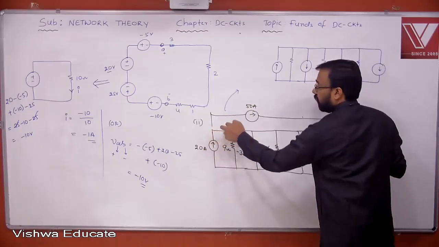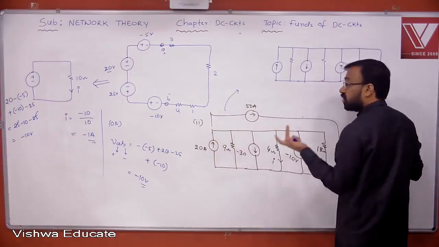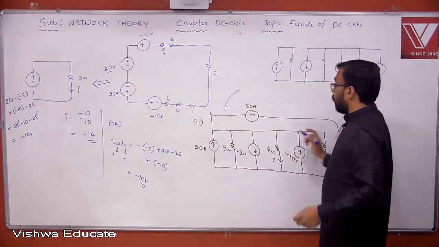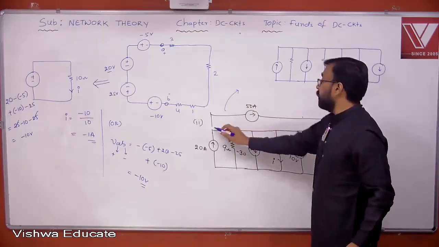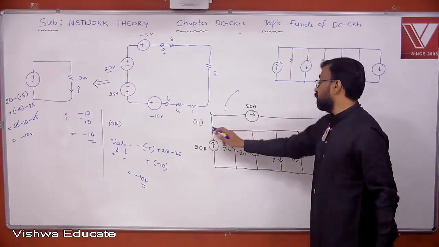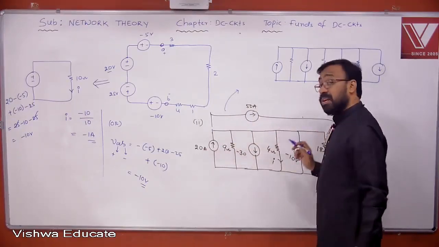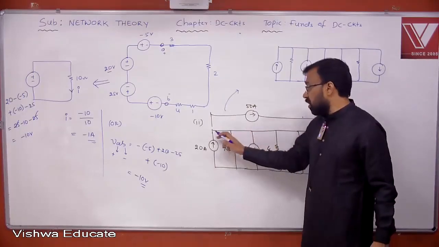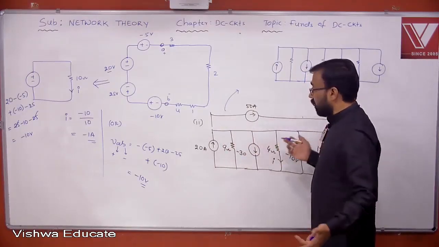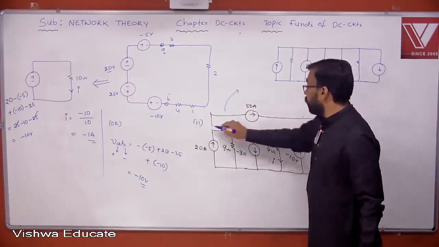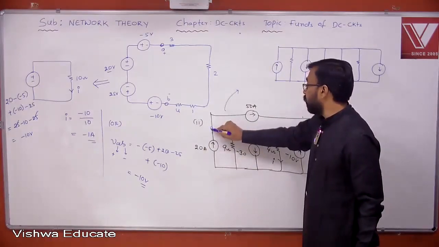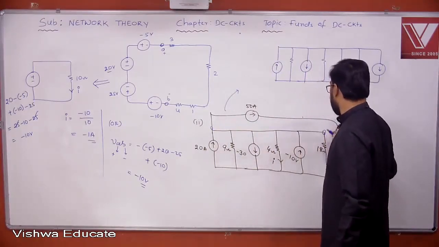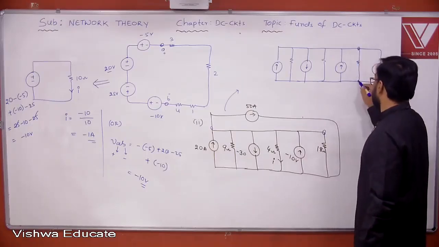So even if you cut this and connect here, it does not make any difference. For example, if there is any resistor here, it is not possible to connect this particular wire here. Yes or no? But there is no element at all. All these points are operating at the same potentials. So therefore, I can take it as an advantage to connect this point here. So that's what I've done here between these two points.